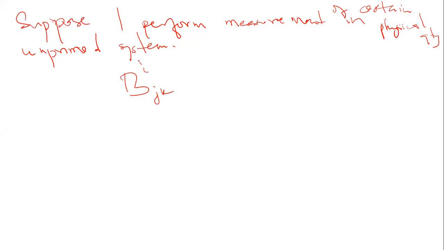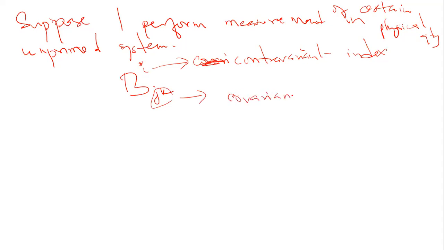What is i here? As you see, i is written as a superscript. Superscript means this is the, sorry, the contravariant index, and j and k are written as subscripts. So j and k are covariant indices.